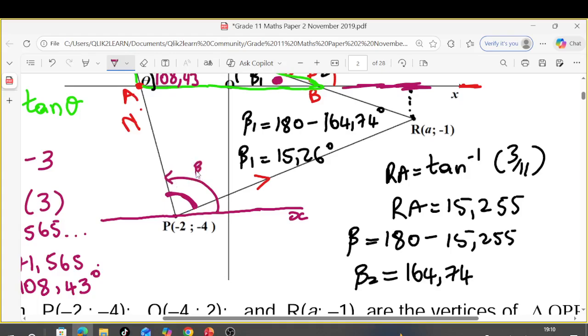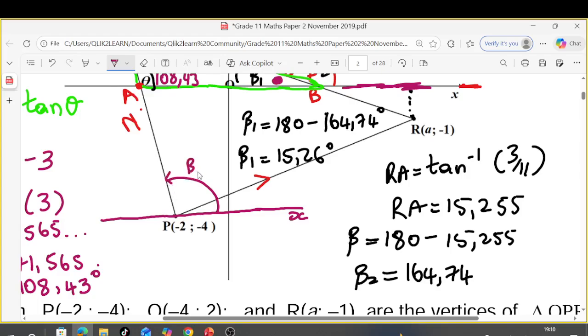Let's call that angle beta. First you're going to find the angle of inclination, which is this part.